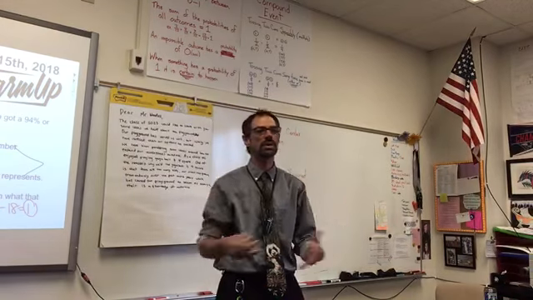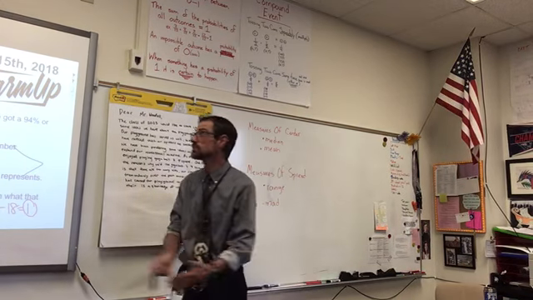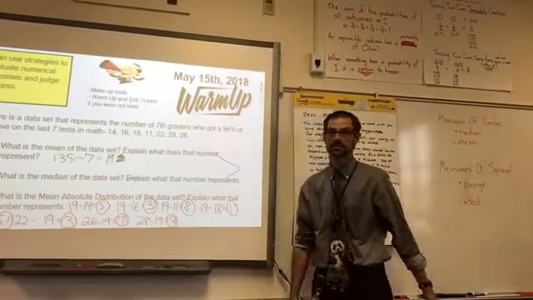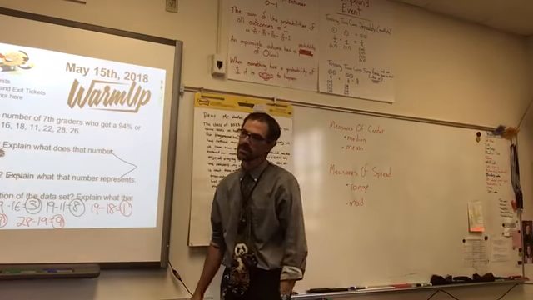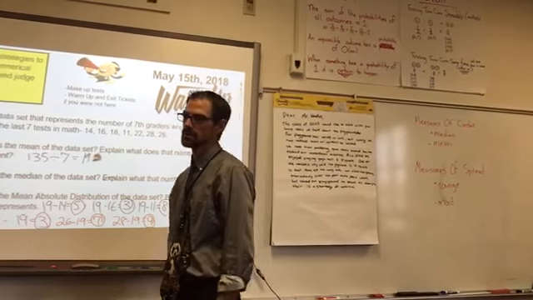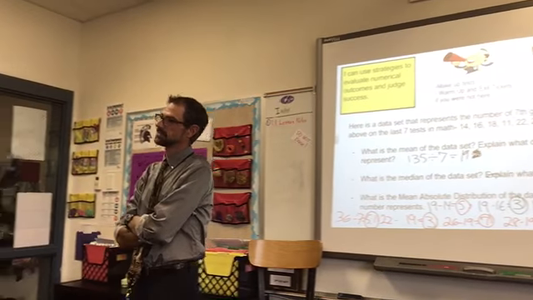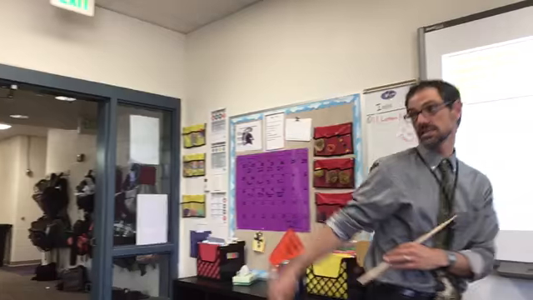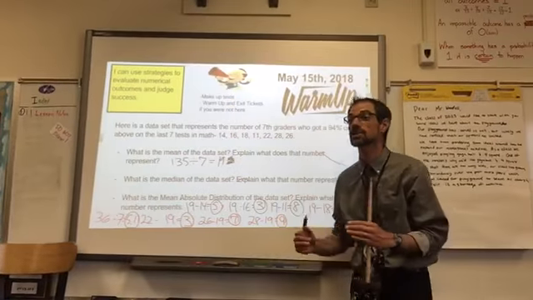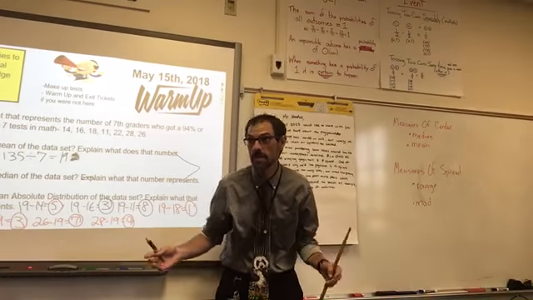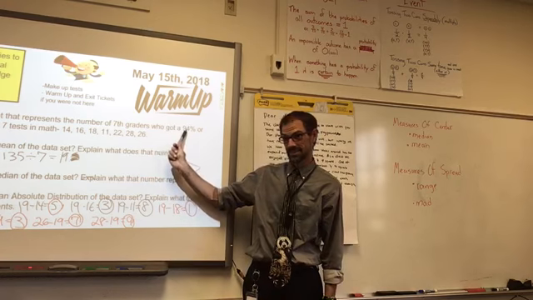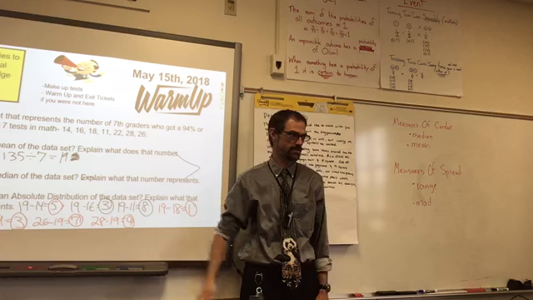So what does that 5.1 mean? Yes, it's the mean absolute deviation, but what is it? Explain it in terms of our data. It's multiplied by 2 and centered around the mean, it's the estimated range of the amount of kids who scored 94% or above.